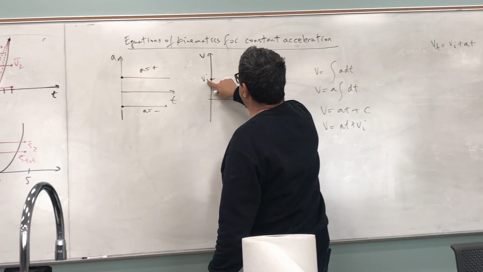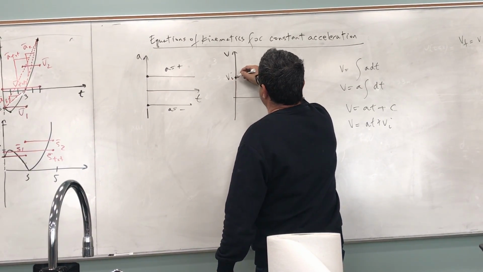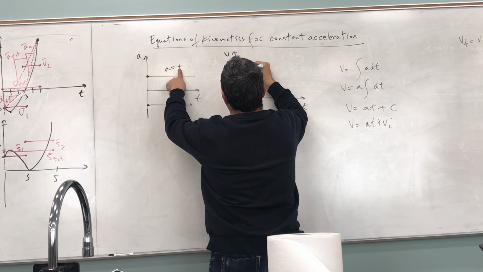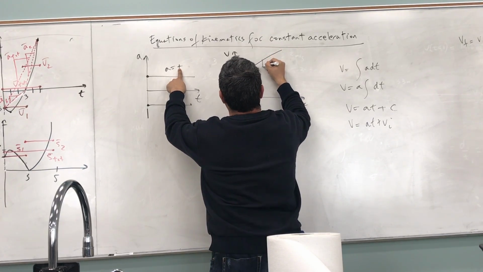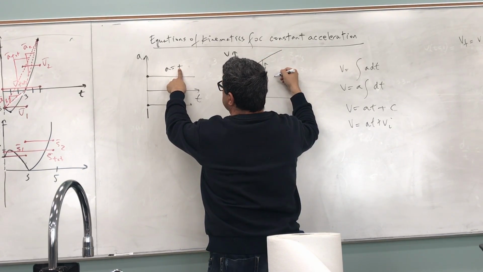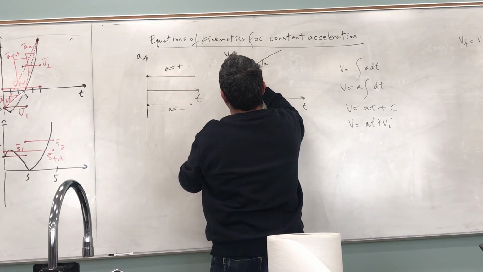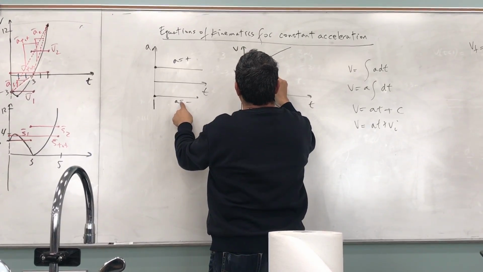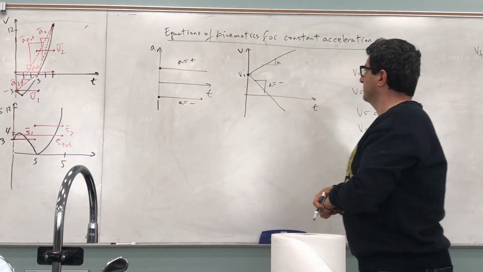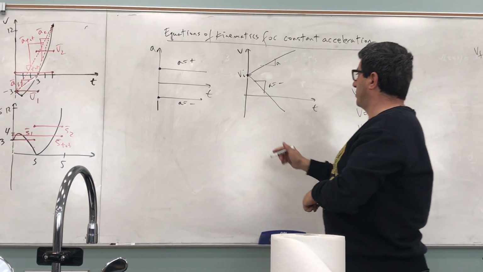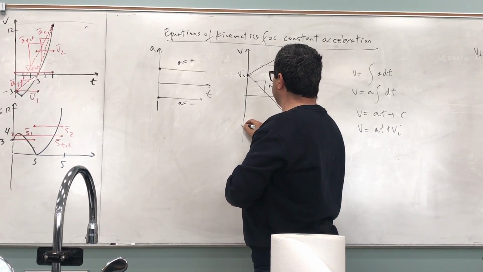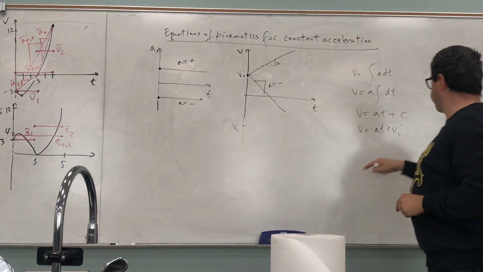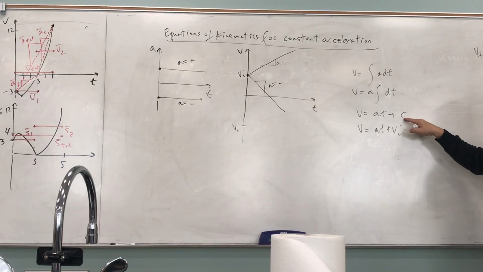So if v initial is positive and the object has a positive acceleration, it's going to go up, because the slope of this is the acceleration. Or it could go down if the acceleration is negative. Or the initial velocity can be negative. So you can start at any initial velocity. The constant can be anything that it wants.